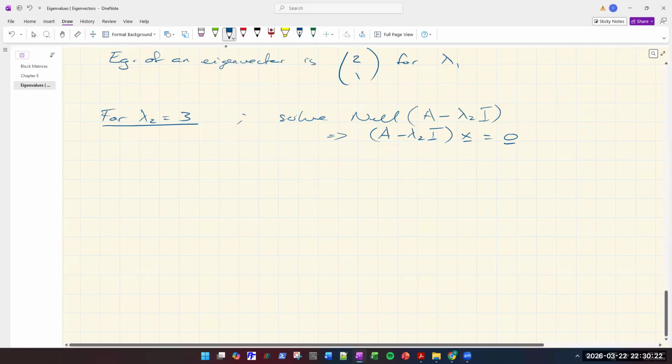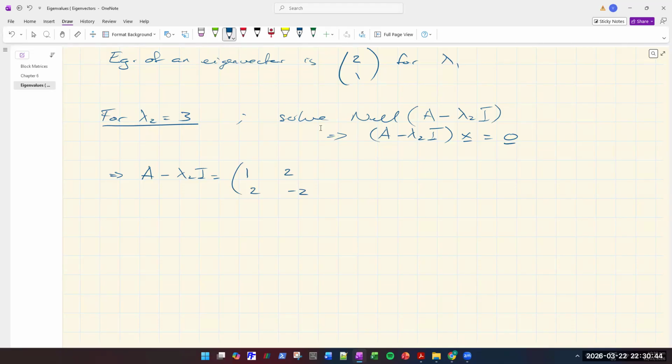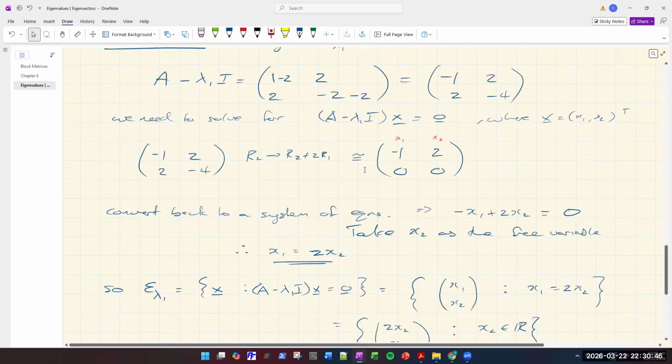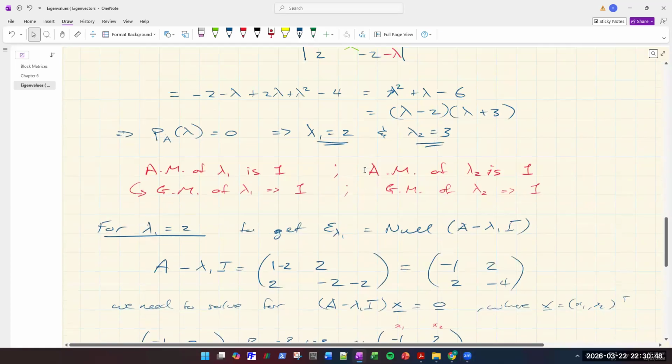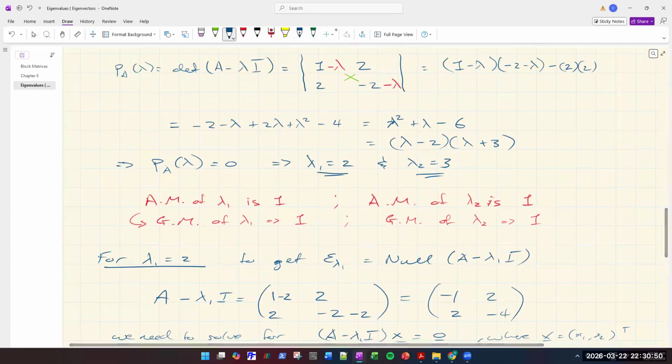Okay. So now let's form the matrix A minus lambda 2I. So again, what is that? That's the matrix A, which was 1, 2, 2, minus 2. And I'm going to subtract 3, minus 3. What was lambda 2? Oh, I made a mistake.